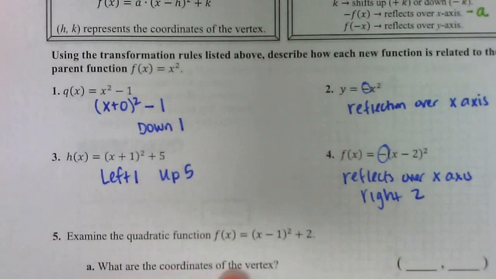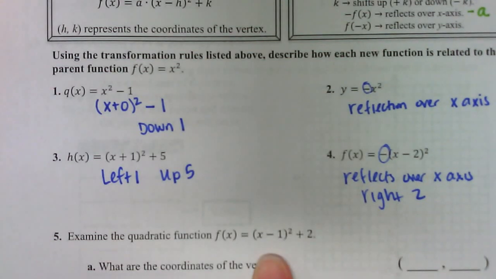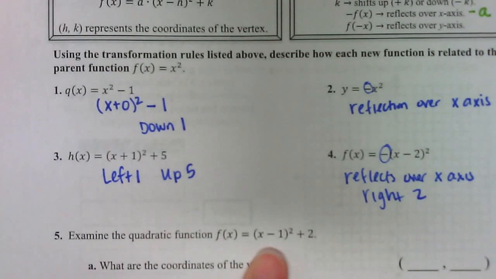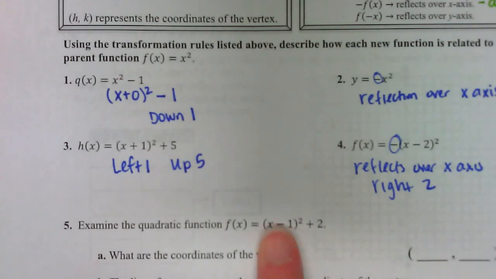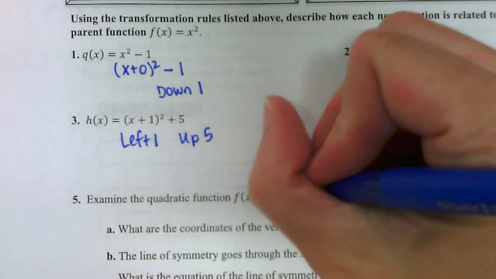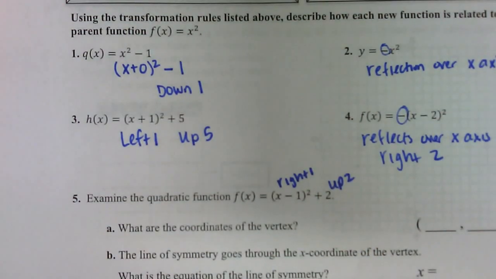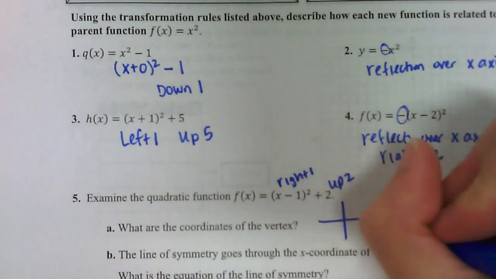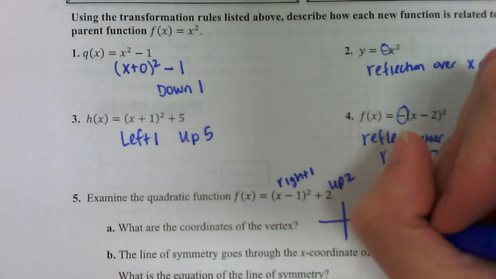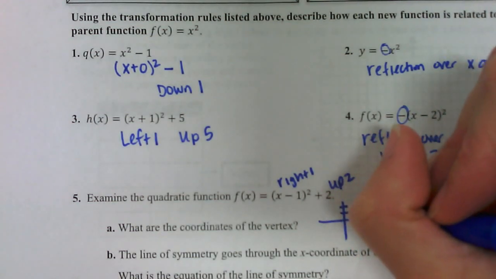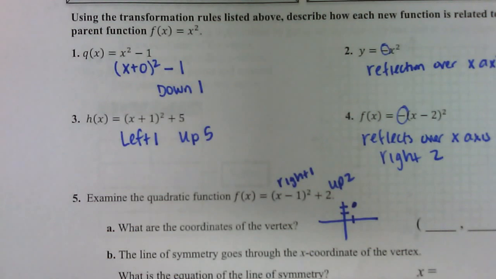Okay, when we shift these graphs left and right, it changes where the vertex is. So this graph here has -1. This means right 1, and +2 means up 2. So if I had a graph, that means I have to go right 1, up 2 to find my vertex.